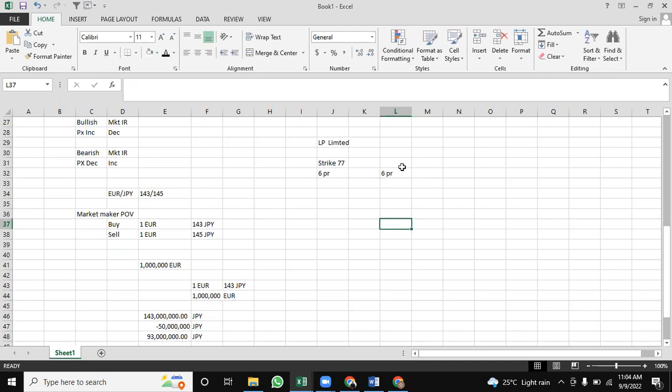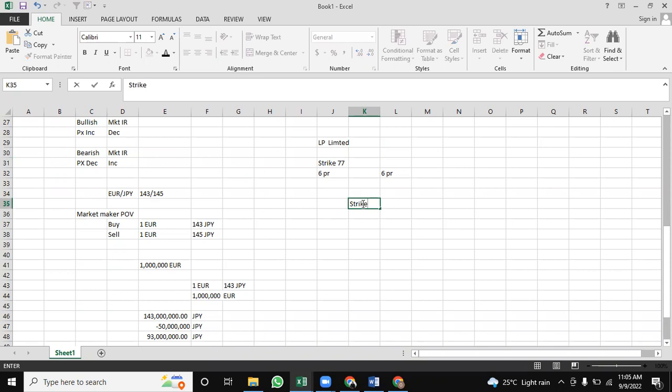Yes, ma'am. His loss here would also be limited in terms of the premium, because if let's say the spot price is 75, then he would exercise, he'd make a profit of 2, but he pays a premium. So let's look at it.